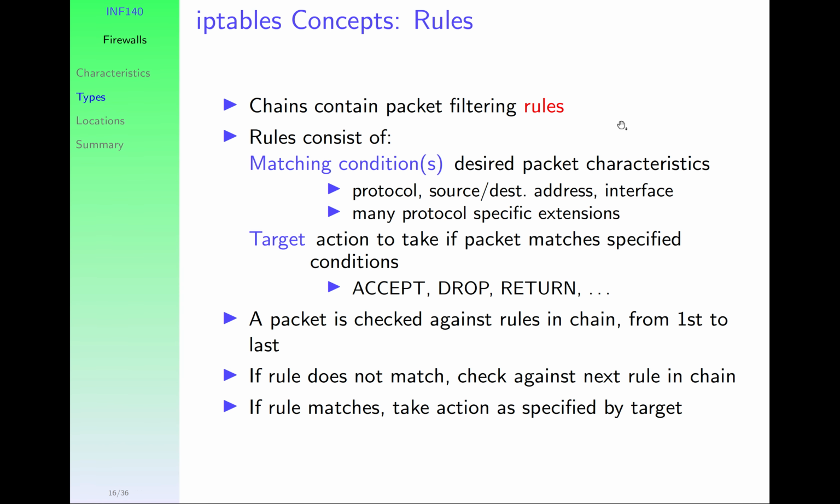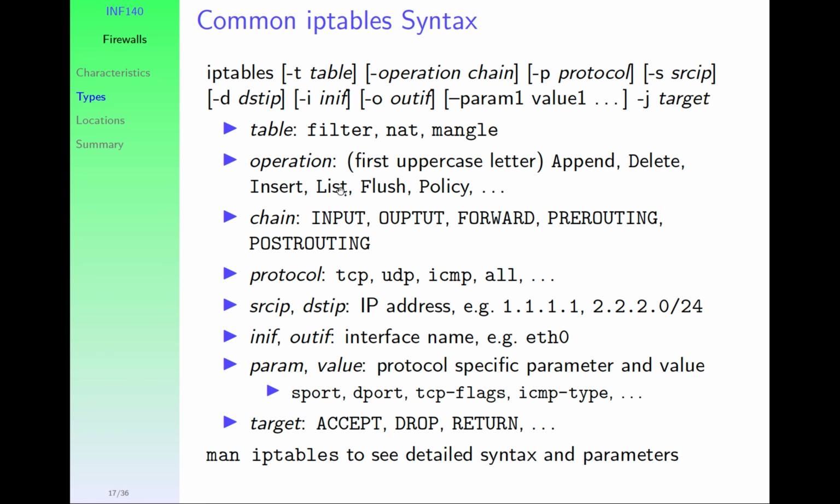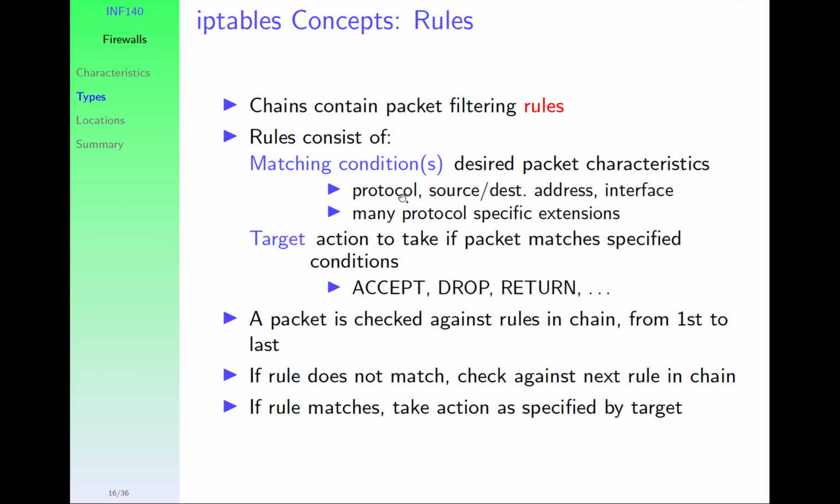For this chain, it uses rules, and the rules consist of matching conditions based on the protocol, the source and destination IP address, and interface. And it can be quite complicated, so we will only focus on the basic conditions. And the targets within iptables include accept, drop, return, reject, and other targets.